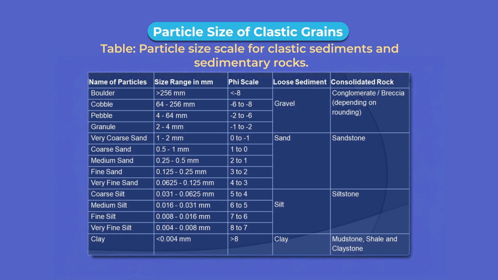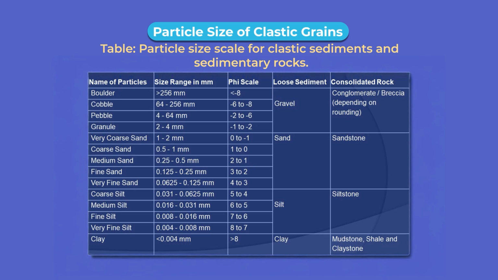Then you have very fine sand, 0.0625 to 0.125 millimeter, 4 to 3 phi; coarse silt, 5 to 4 phi; medium silt, 6 to 5 phi; very fine silt, 8 to 7 phi; and clay is more than 8 phi. Now, boulder, cobble and granule are mostly found in the form of gravel, which is found in a loose pattern.